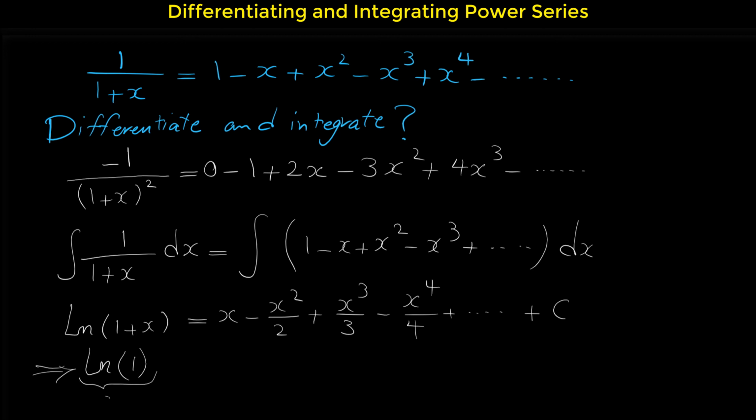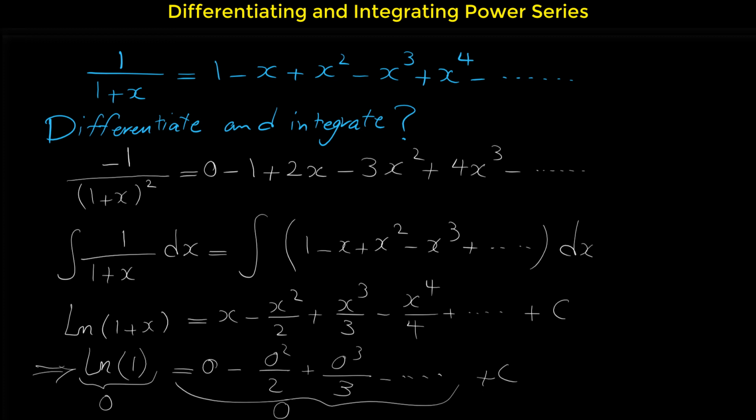And we know that ln of 1 is 0. And in the right side, if we put 0 for x, we have 0 minus 0 squared over 2 plus 0 to the 3 over 3, and so on, plus c. All of these terms are 0. And the left side is also 0, so c is 0.